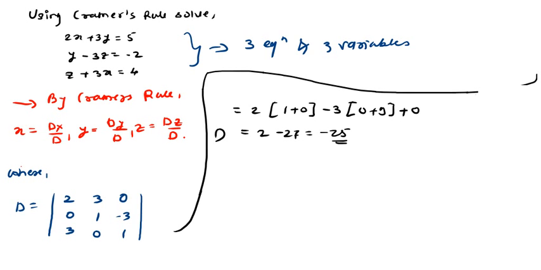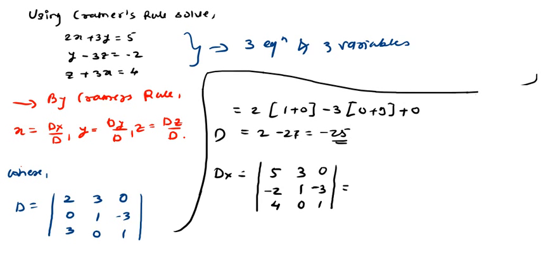Now we need this Dx. What is this Dx? Dx is again the determinant, but instead of the coefficient of x we will write the values for the constants d1, d2 and d3. So this will be 5, minus 2 and 4, and the remaining determinant will be as it is: 3, 1, 0, 0, minus 3 and 1.